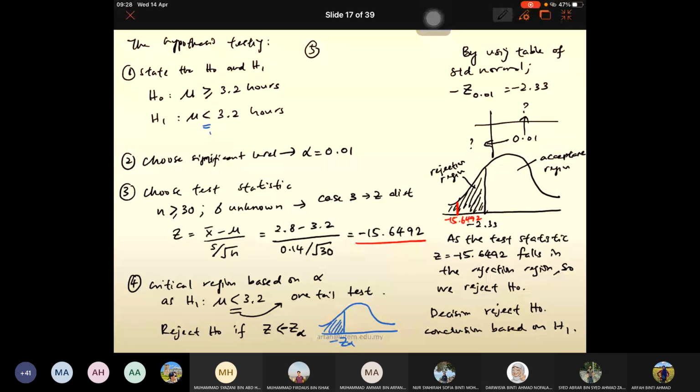So step kelima, the conclusion yang kita nak buat adalah the conclusion from the sample. Okay.